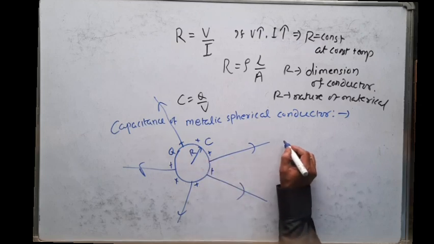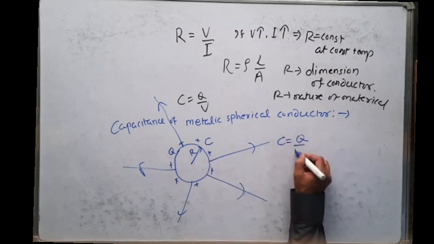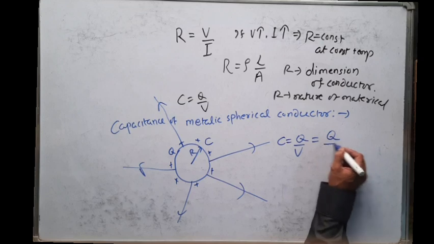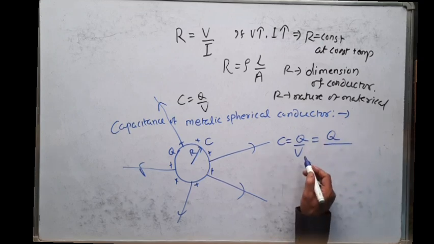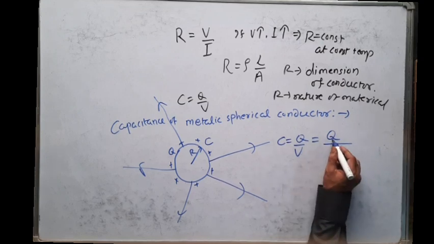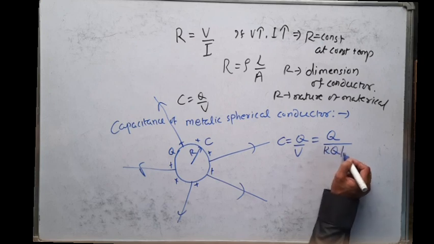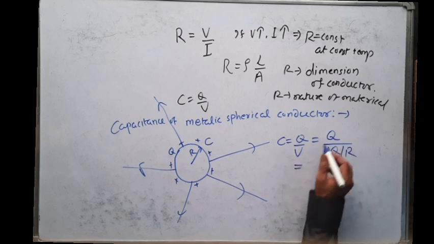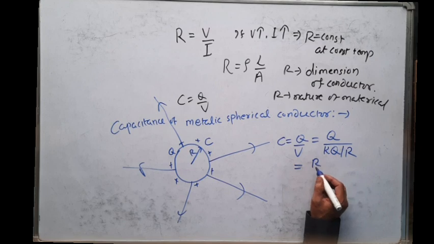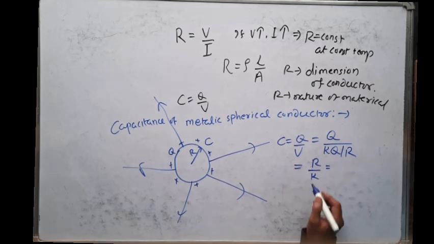So here C is equal to Q by V. And we have already derived the formula of potential due to a spherical conductor, which is equal to K Q by R. So Q cancels, and C is equal to R by K. But what is K? K is equal to 1 by 4 pi epsilon naught.